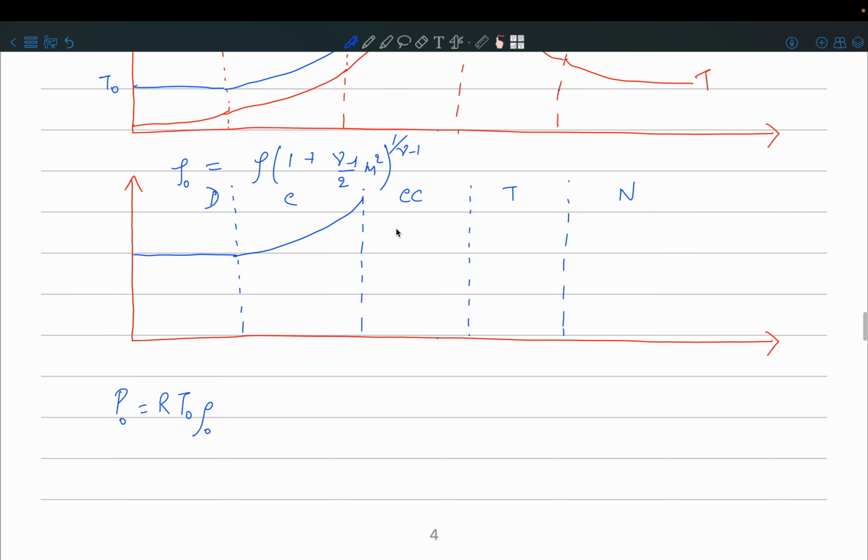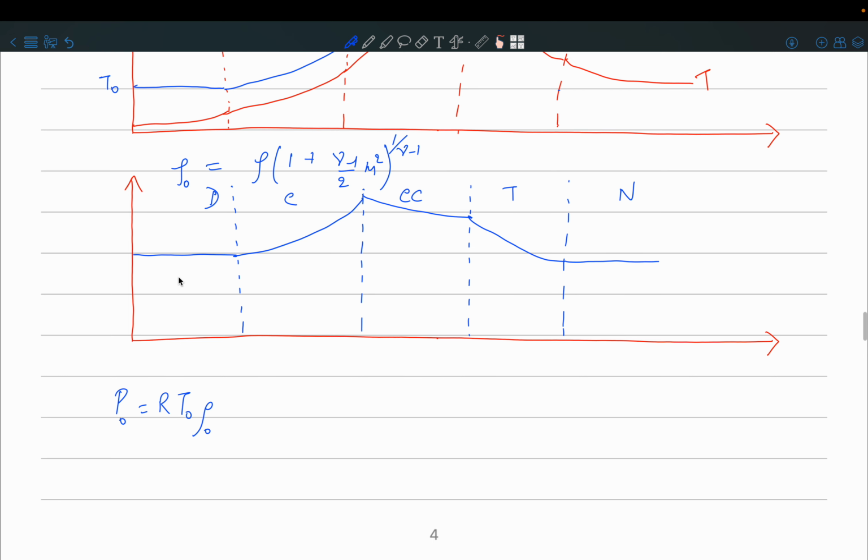Now please understand, in the combustion chamber, T naught is increasing. P naught remains almost same. So rho naught must decrease. And then in the turbine, it will further decrease. And then in the nozzle, it will remain the same.